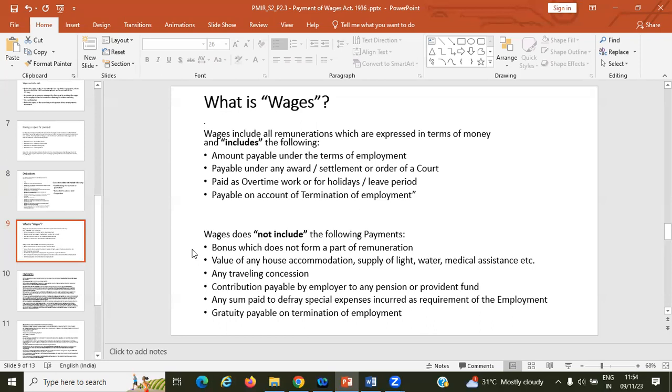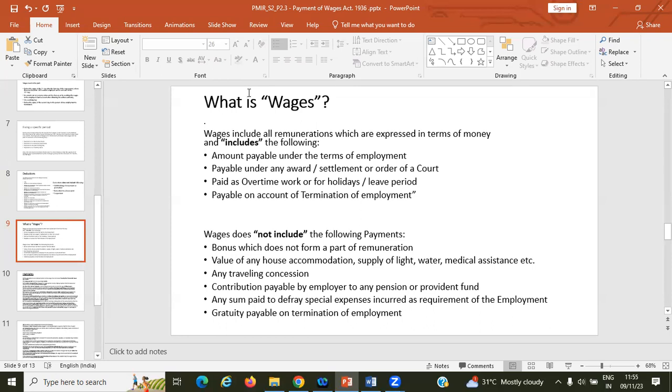So what is the definition of wages? What are not wages? Remember this. This is something very important when you are calculating the wages.